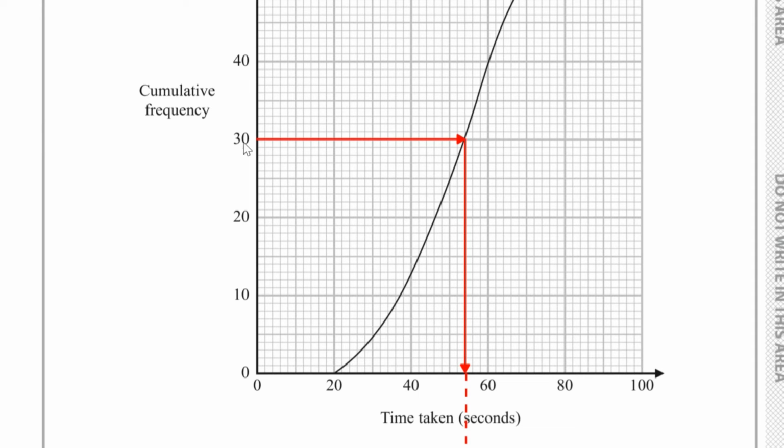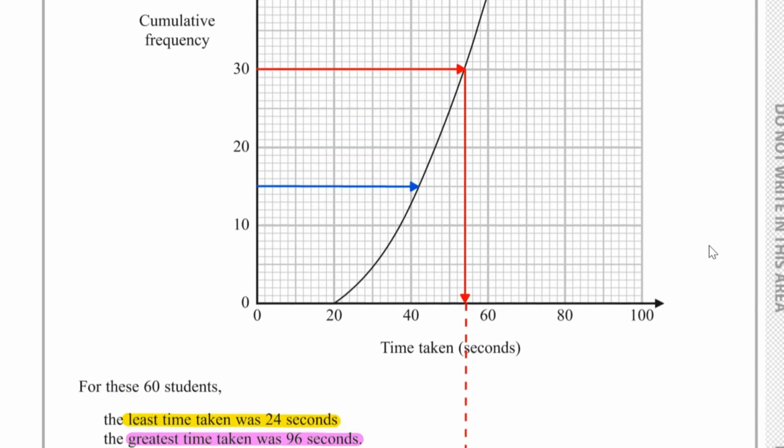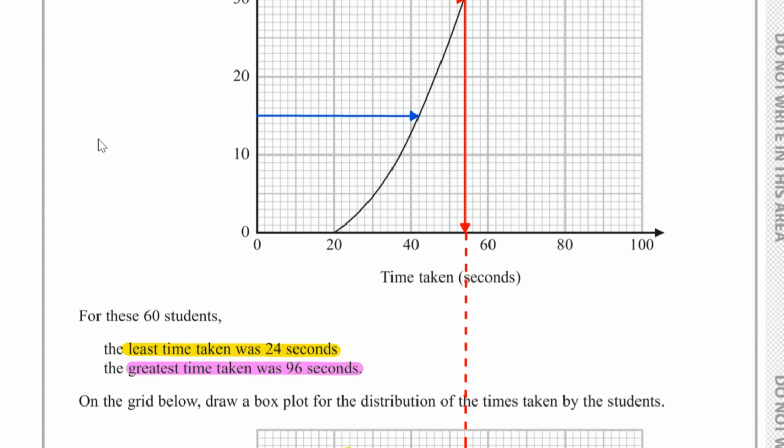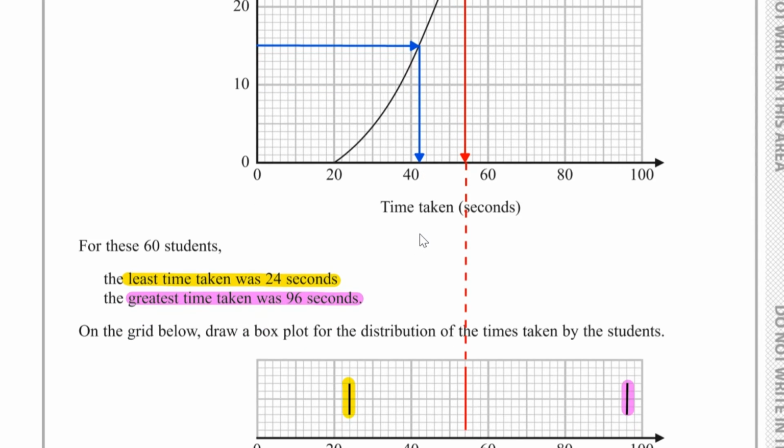For the lower quartile, half of the 30 is 15, so we draw a line across from 15, and then we draw a line going down, so we would have 42.